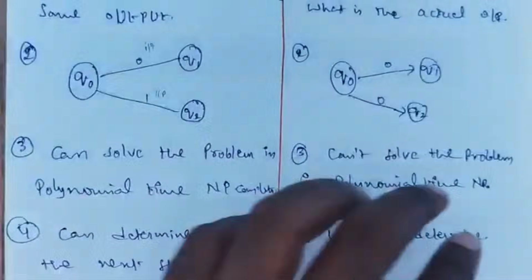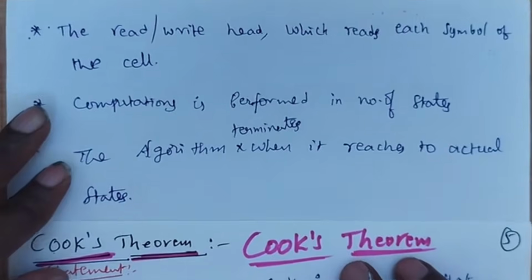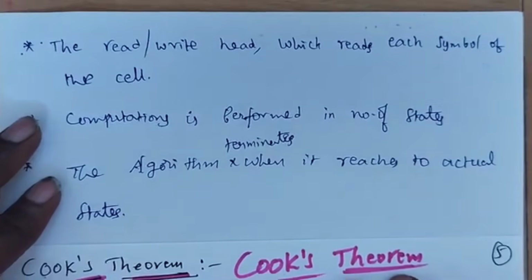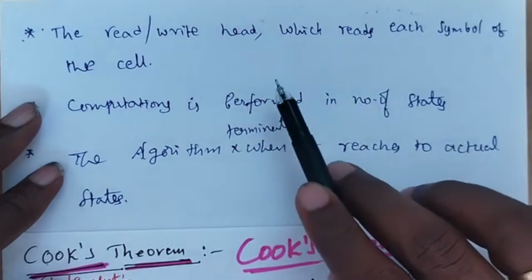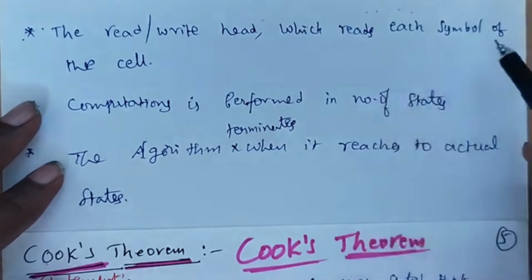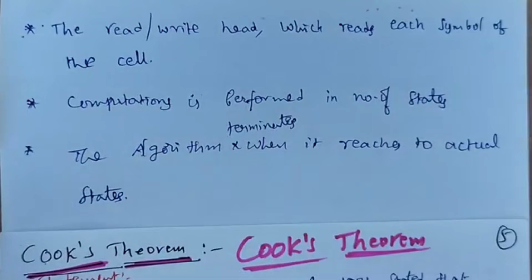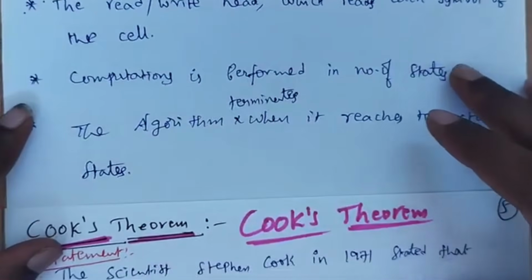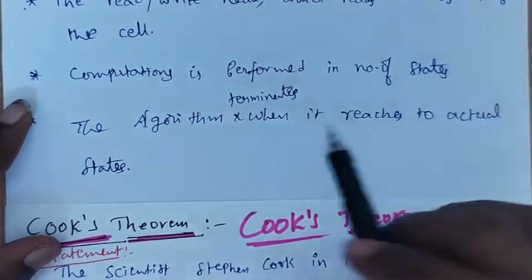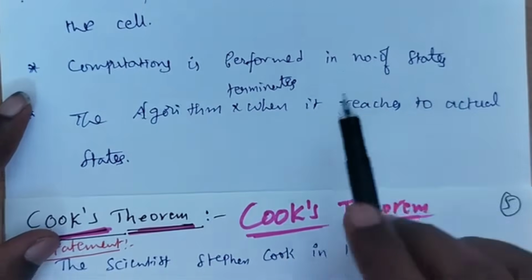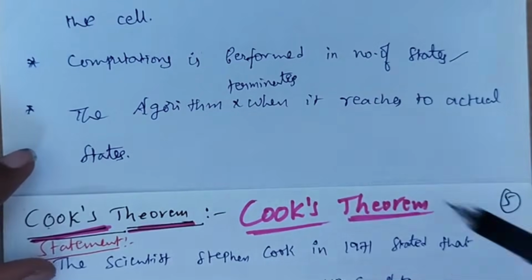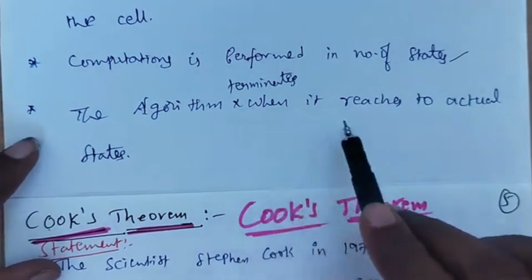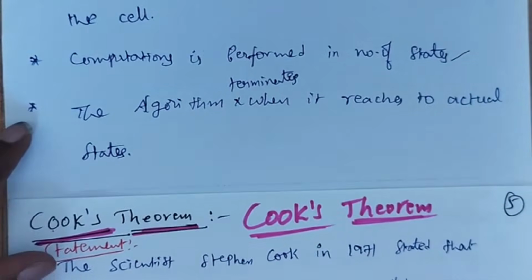The read or write head reads each symbol of the cell. The computation is performed in a number of states. The last point is that the algorithm terminates when it reaches the accepting state.